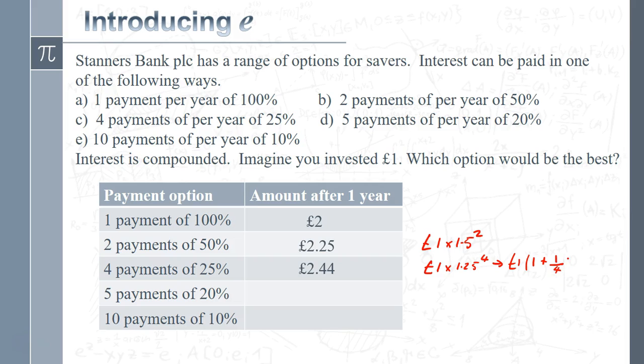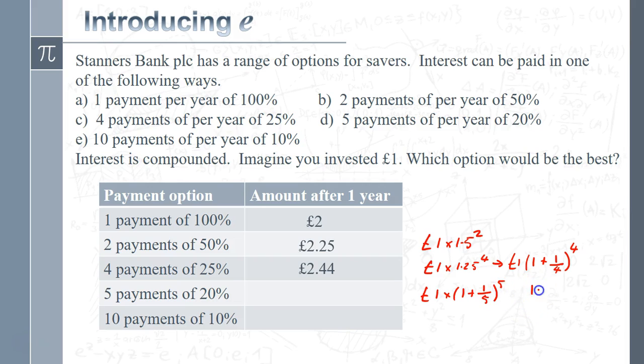So there's the 0.25, and then I'm doing that to the power 4. If I wanted 5 payments of 20%, I'd have my original £1, times the original £1 that you're getting back, plus the 100% interest I'm going to give you, divided into 5 equal payments. And there we go.